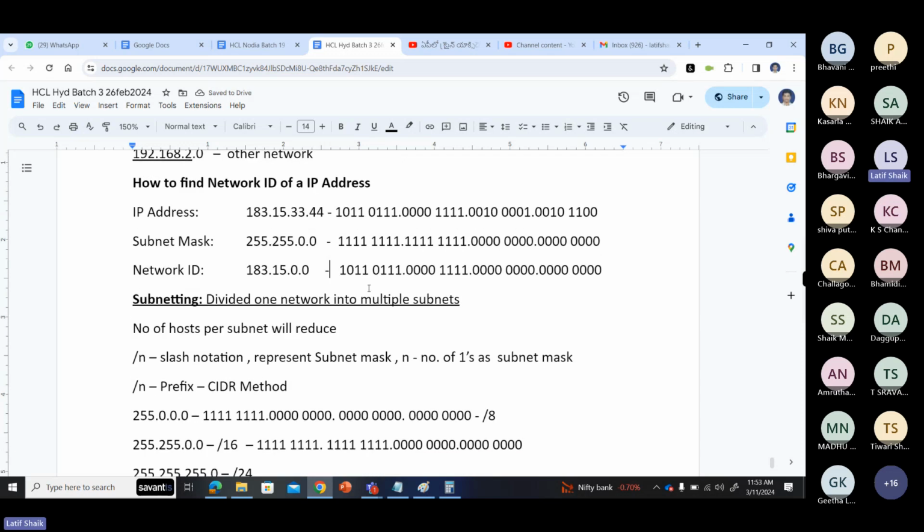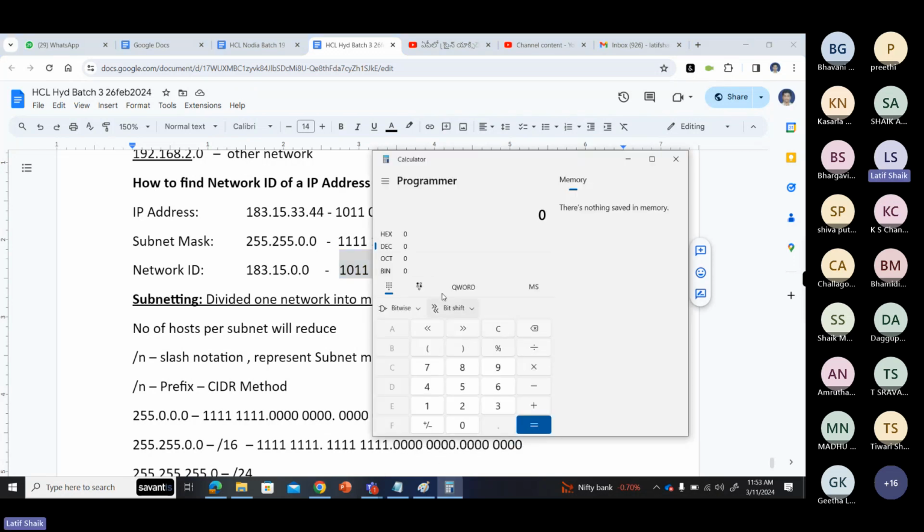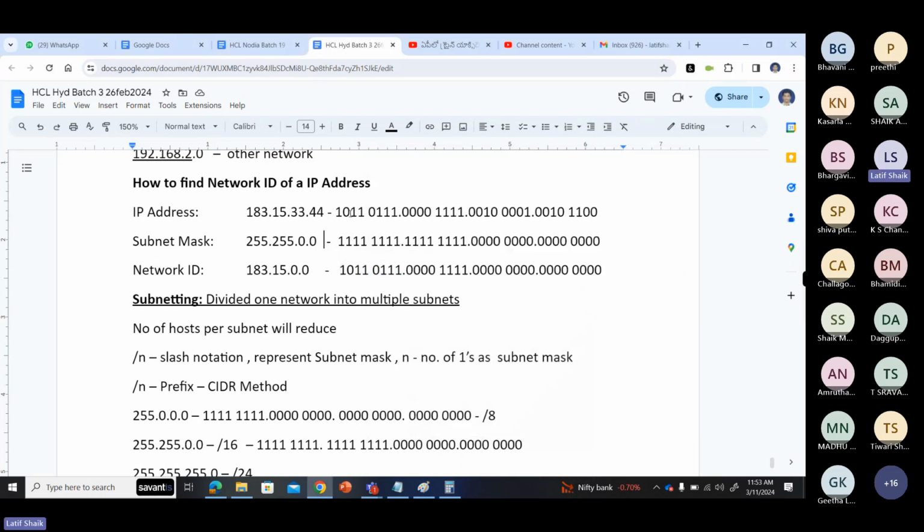Is it correct? If you want, I will copy, paste, binary, paste. So 183 only. No mistake in it, because I calculated this.